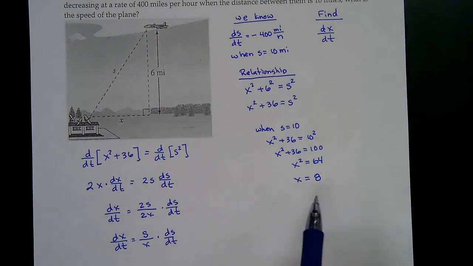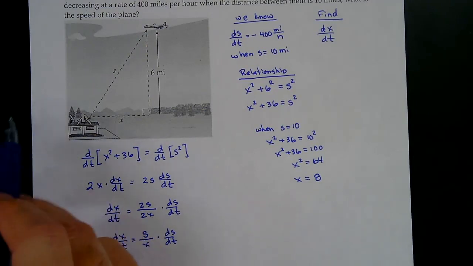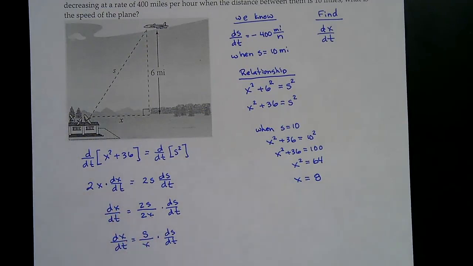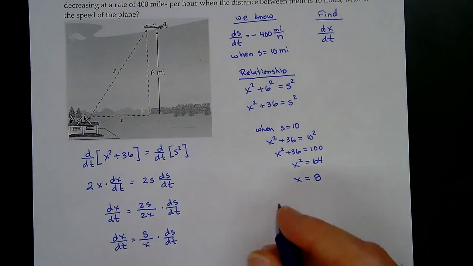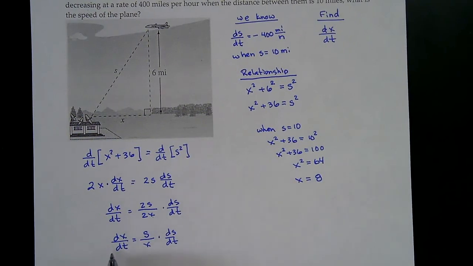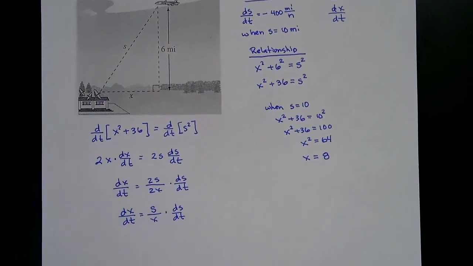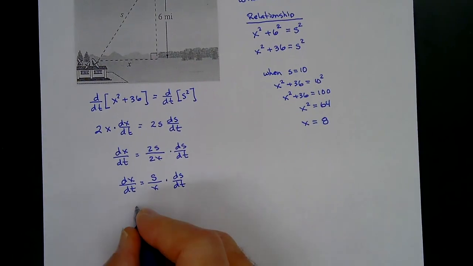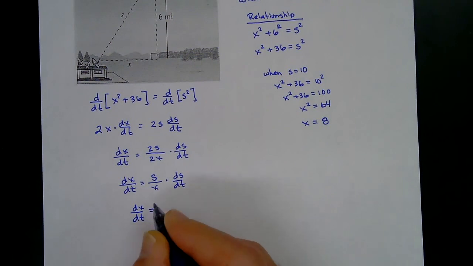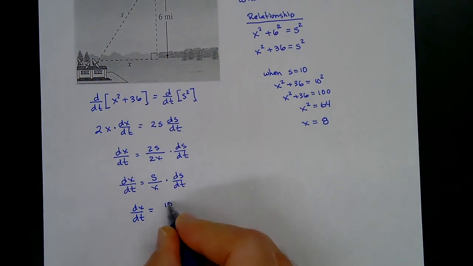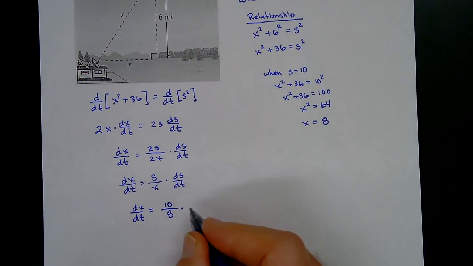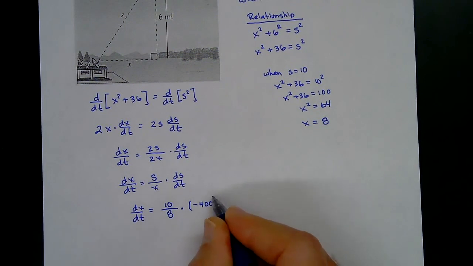If it turned out to be negative, then we could have that if it was over here on this side, okay? All right. So here we go. We can plug everything in. Now we can find our dx over dt because it's equal to our s, which is 10, divided by our x, which is 8, times our ds over dt, which is negative 400.